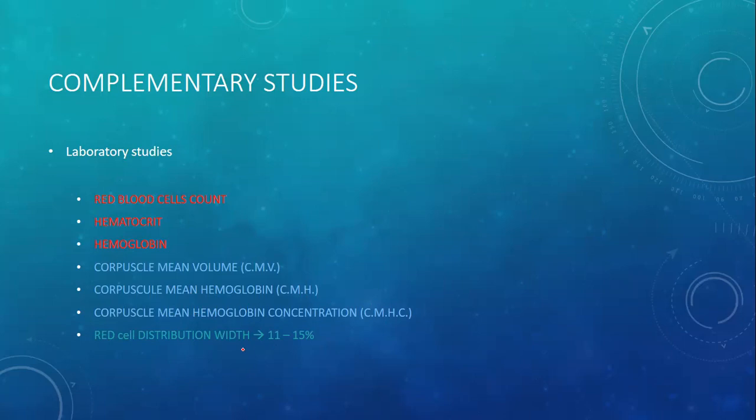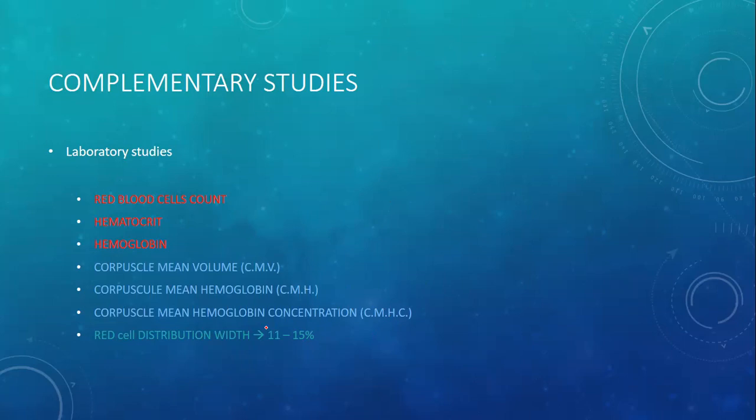In Spanish, we call it amplitud de distribución eritrocitaria. Does anybody know what this is all about? Okay, so this is actually the percentage of variation of the size of a lot of red blood cells. As you know, we have a lot of red blood cells, right?